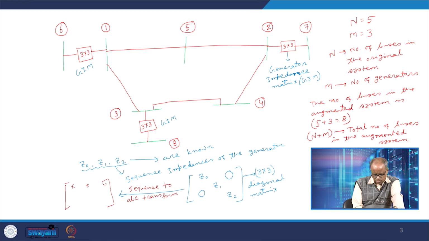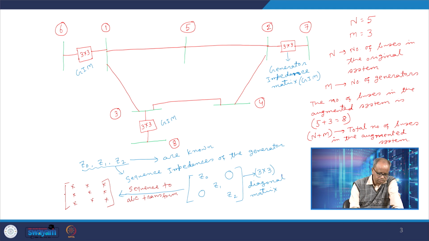And this sequence to ABC transform is a very standard transform, so we are not discussing it. It is available in any textbook and it is taught at the very basic level whenever we are talking about the sequence components. So, we know it. Therefore, just by applying this sequence to ABC transform technique, from this diagonal matrix we would be able to find out the ABC domain.